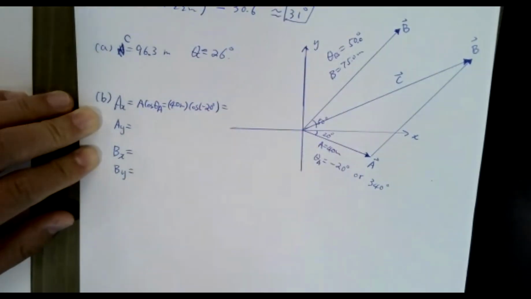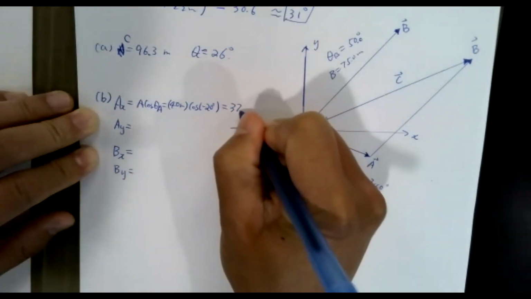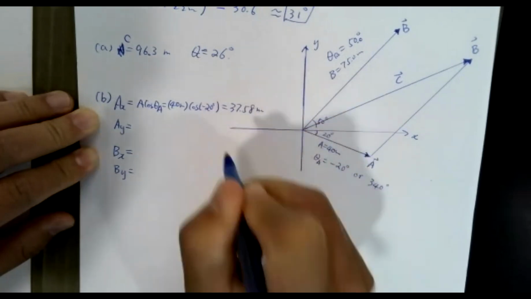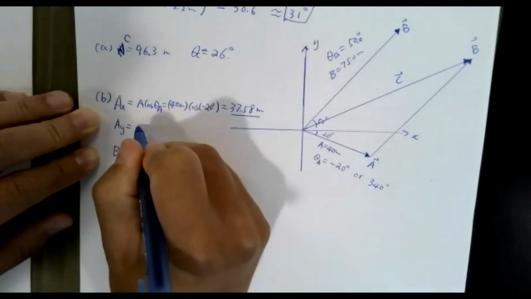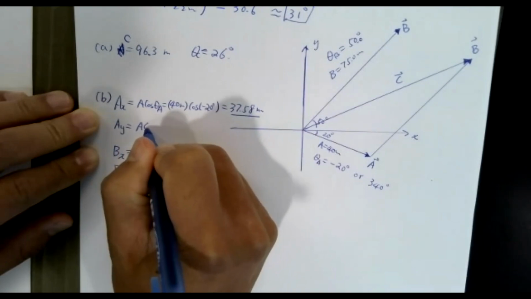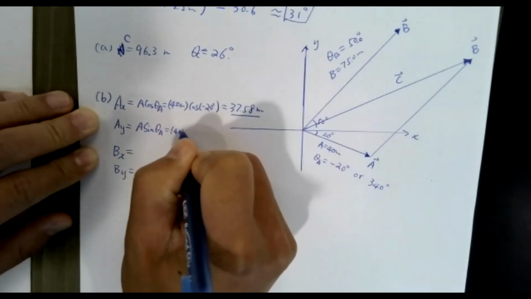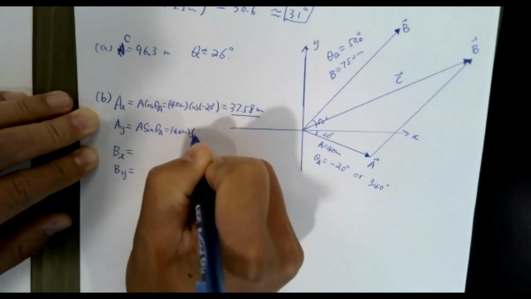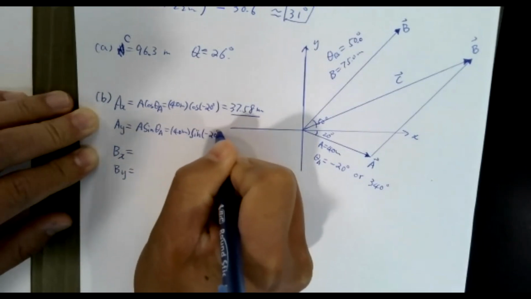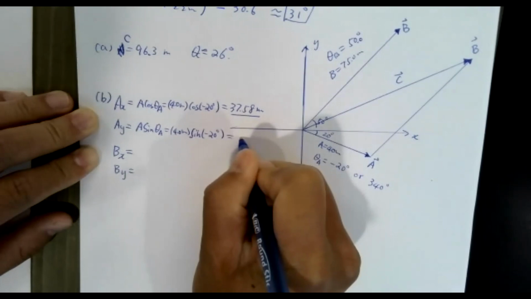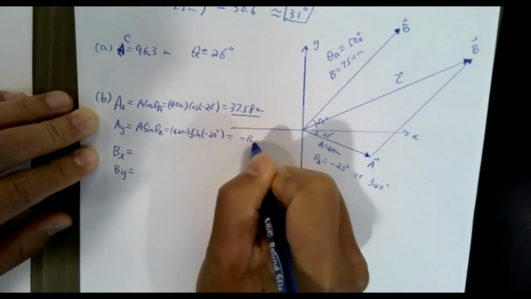That will give you 37.58 meters, okay? For the y component, you are doing A sine of theta A, which is 40 meters sine of negative 20 degrees. That will give you minus 13.68 meters.